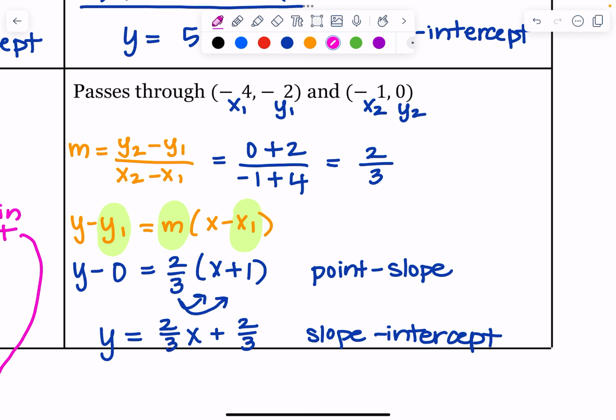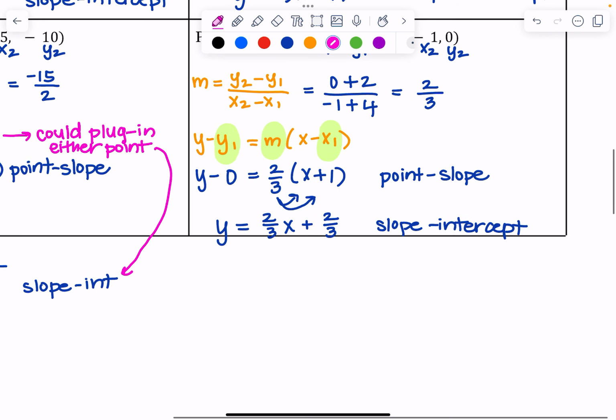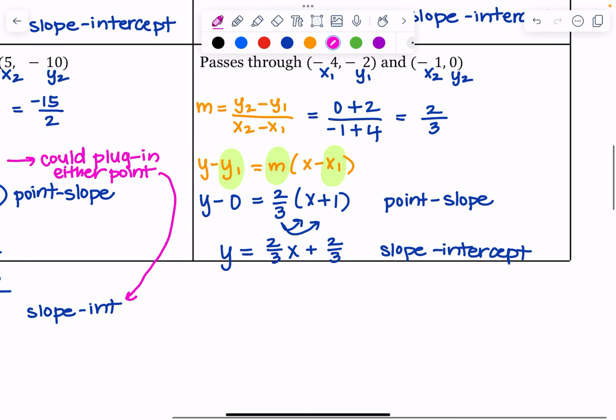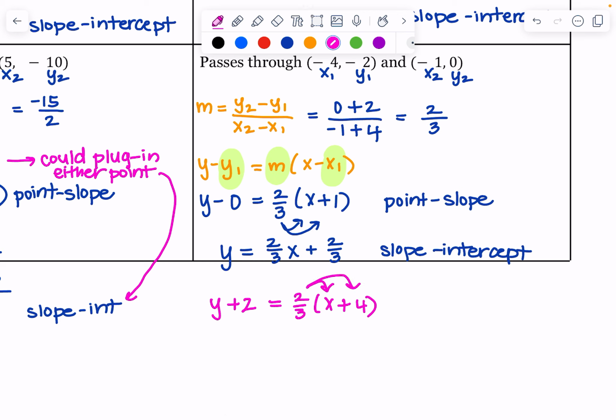Really quick, I'm just going to show you that if you plugged in the other point, you'd get the same thing. So if I plugged in the other point, I would have y minus negative 2, so plus 2, is equal to 2/3 times x minus negative 4. The math is just a little bit uglier. So if I distribute here, I'm going to have y plus 2 is equal to 2/3 x plus 8/3.